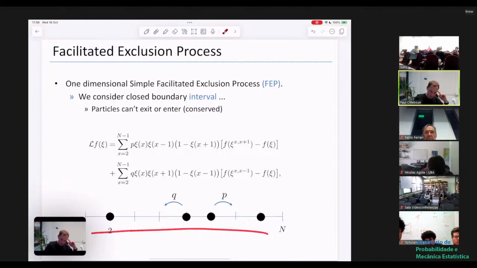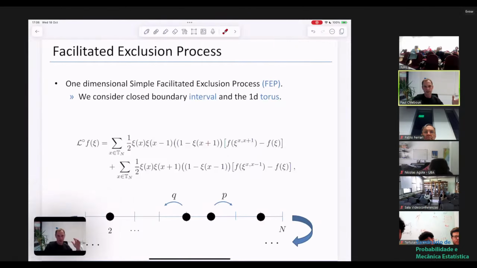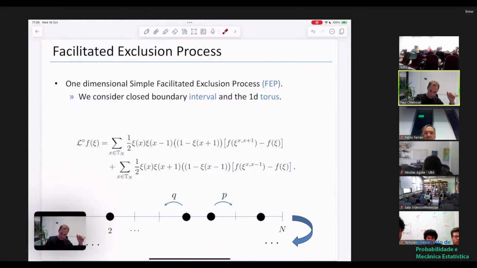The number of particles is conserved. So that's one situation we'll consider. We'll also consider putting this process on the one-dimensional torus, so periodic boundary conditions. So that is site 1, so particles can jump from site 1 to site n and vice versa.